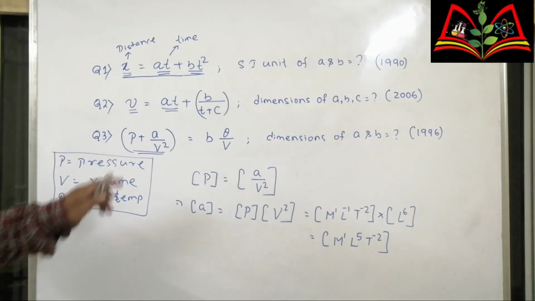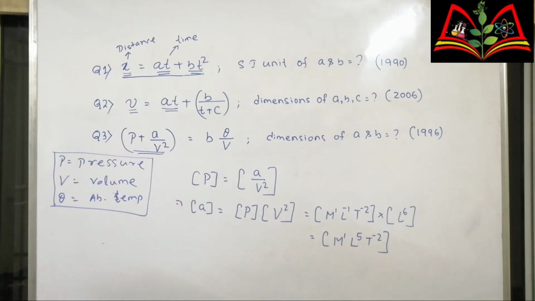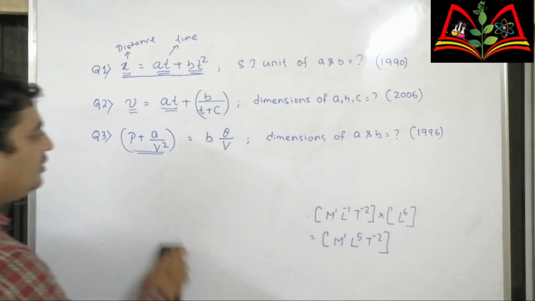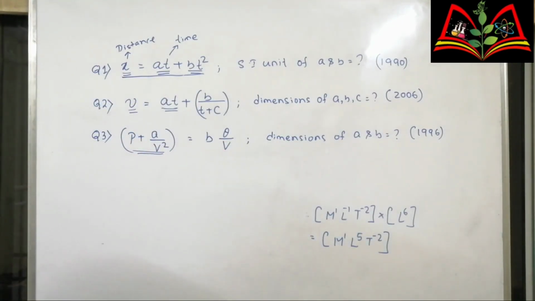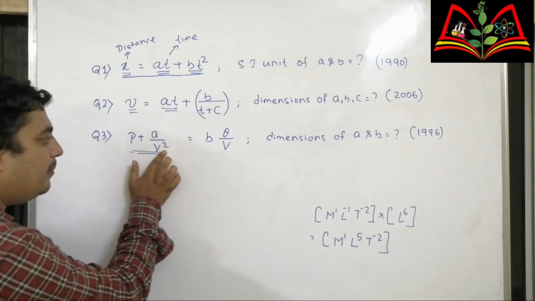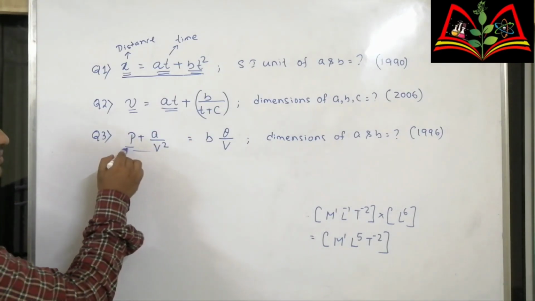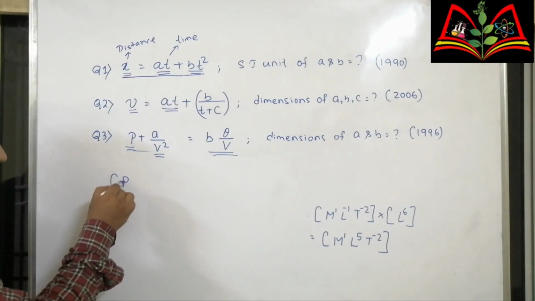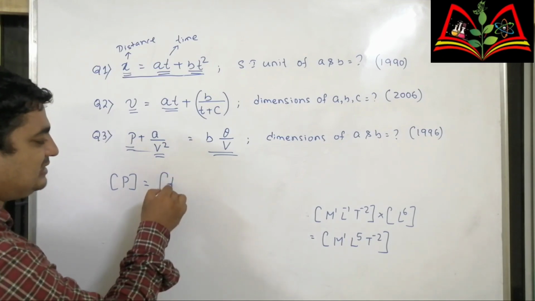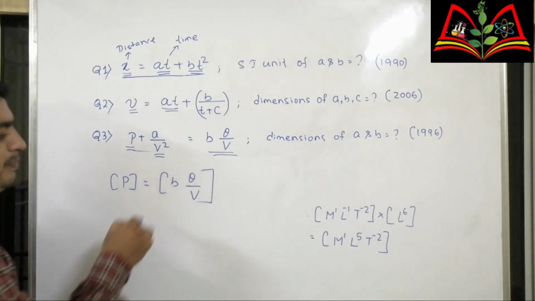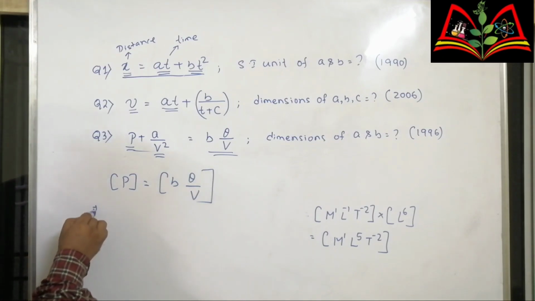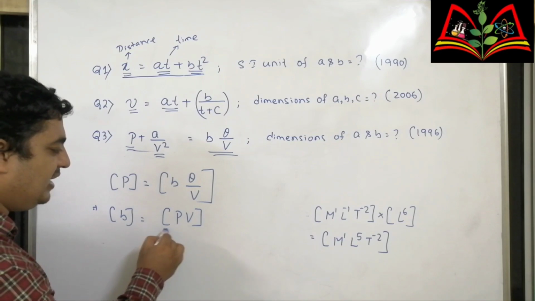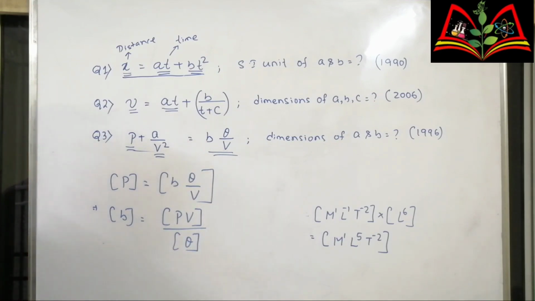Now how we can calculate dimension of B? Now consider, if I break the bracket, here the terms are P, A by V square and this term. So we can write dimension of P is equal to B into theta by V. So dimension of B becomes dimension of PV by dimension of theta.